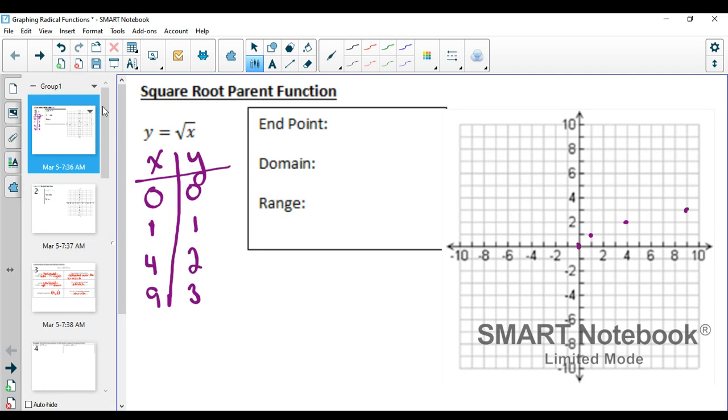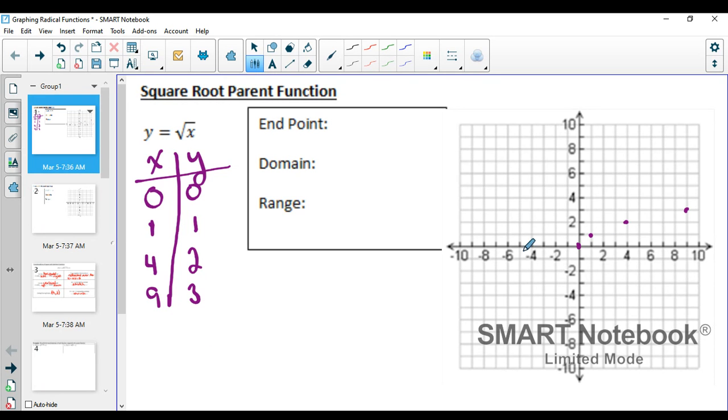Now, a square root function will always stay positive if it's just the parent function. So it's not going to go below 0, y equals 0, but it will keep going. Because we can have x be 225, which means y is 15.